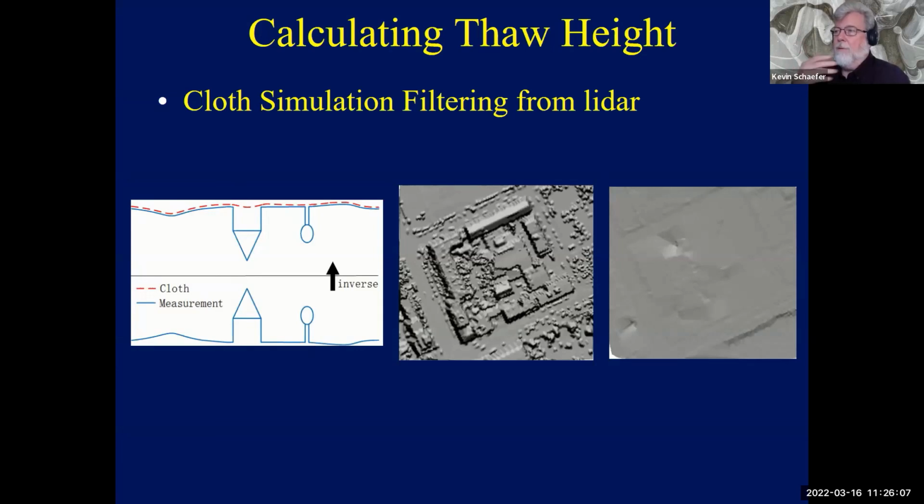This is taken right from the paper. In the middle, there's a bunch of buildings. In our case, instead of trying to remove the buildings, we're trying to remove the raised peat plateaus. On the right is the result of what you would get, the surface without the objects on it. For us, this would be the theoretical thaw height, the height of the surface without permafrost on it.